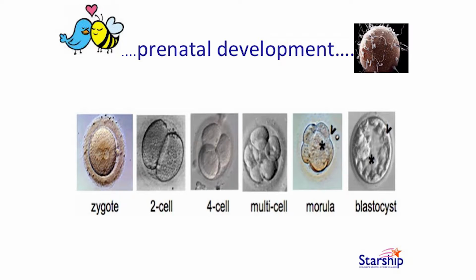During this rapid division, there's also organisation of the cell, so that by the time you get to the blastocyst, you've got a hollow sphere with cells on the outside, and it's in this blastocyst that you start getting the differentiation of distinctive layers of cells and different things that they're going to do.